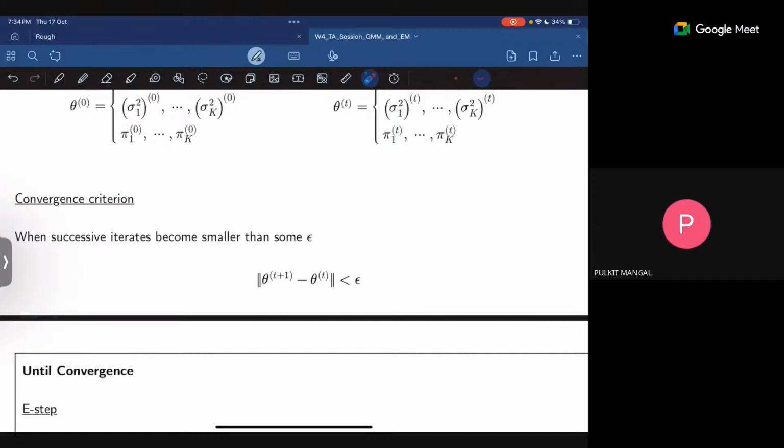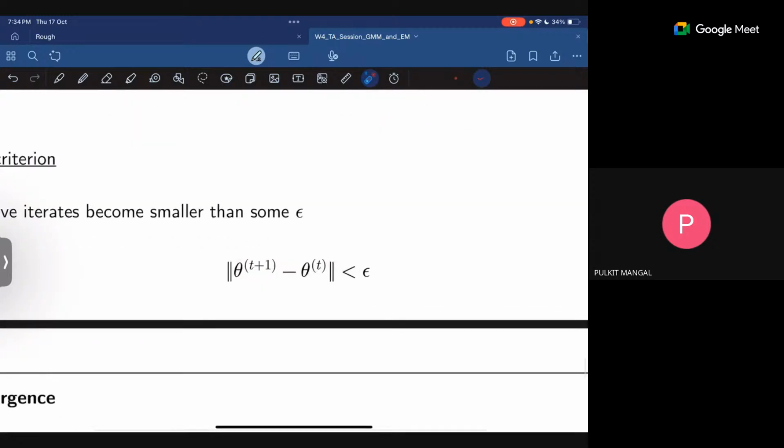Unlike k means, which will converge if you keep going, here you pick one convergence criterion: theta t plus 1 minus theta t, the difference between the parameters you got in the next iteration and in the previous iteration, measured as a distance square, should be less than some epsilon.